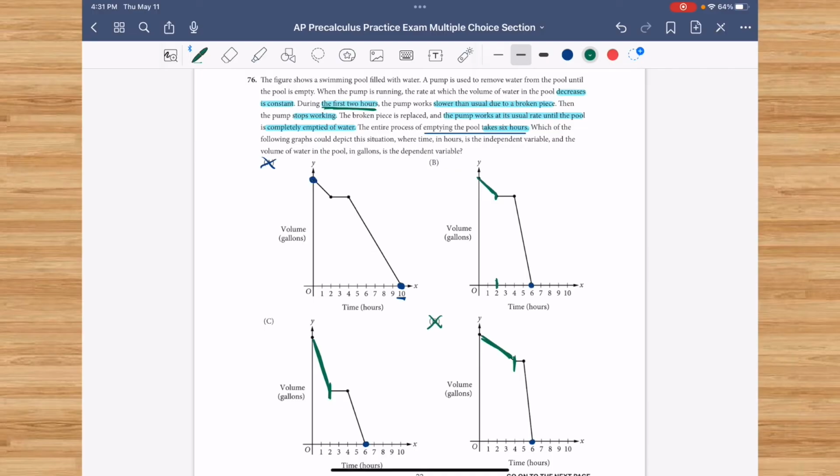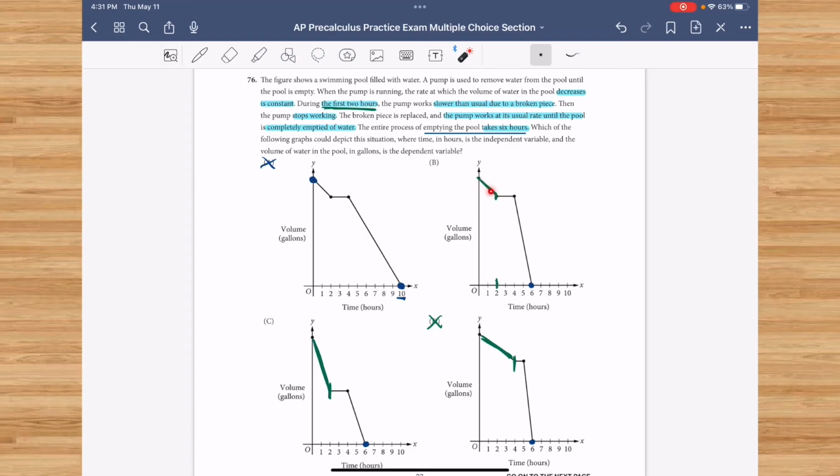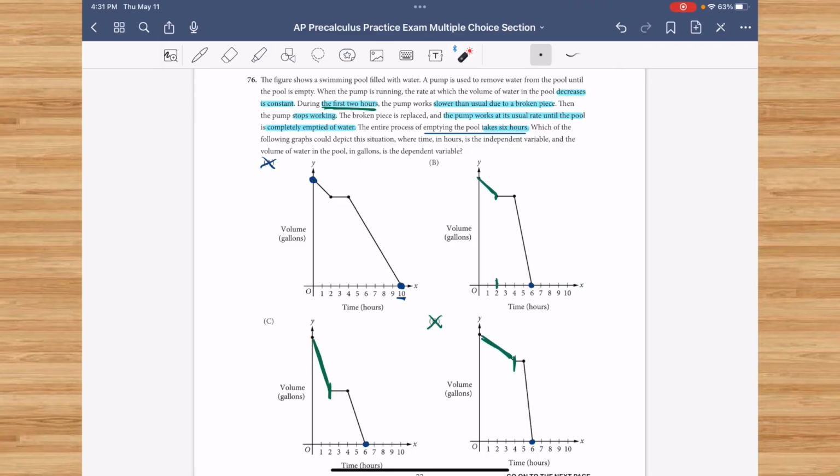So really the big difference here is I'm looking between graph B and graph C. The first thing that I notice is that for B, the slope of my volume per time is less steep than in this section, whereas for graph C, the volume decreasing over time is about the same steepness here to here.